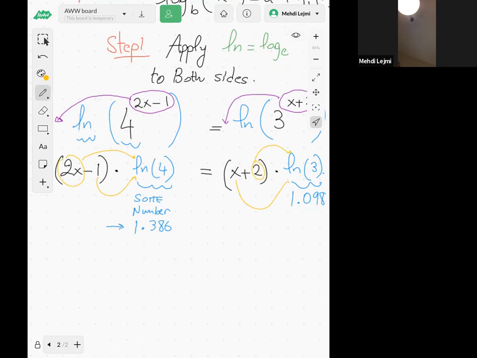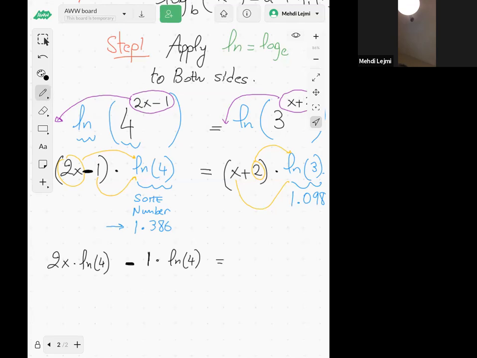Okay, so on the left, I have 2x times this natural log of 4, and there's this minus, so minus 1 times natural log of 4.